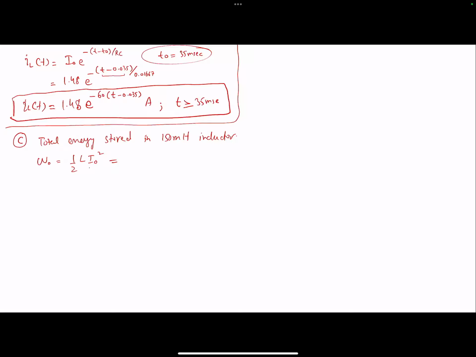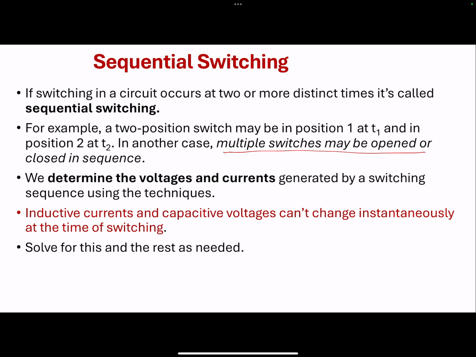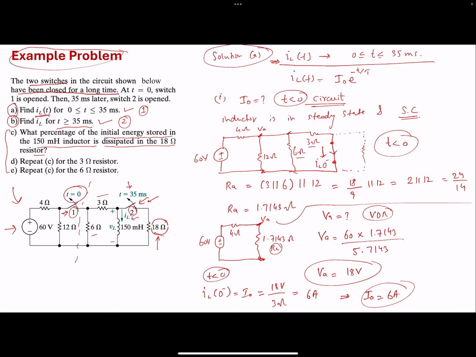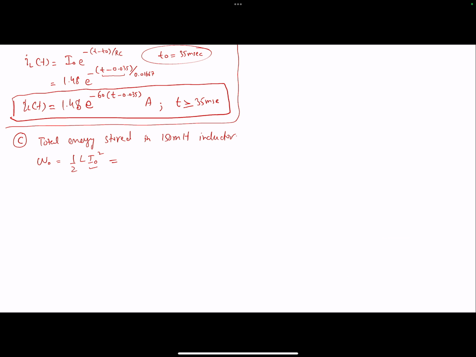And this I naught we already figured out, this is the first I naught, which was 6 amperes. So half times 0.15 times 6 squared, you would get approximately 2700 millijoules. Okay, so this is the total energy that was stored in the 150 millihenry inductor.